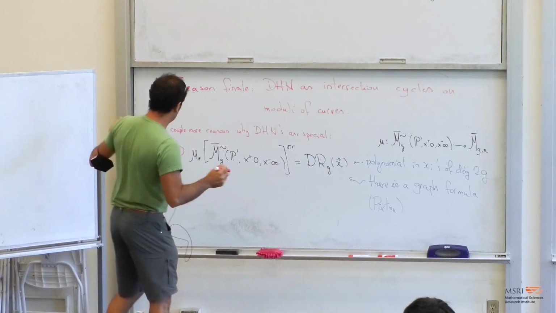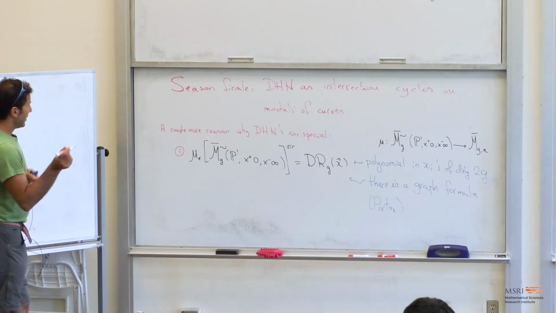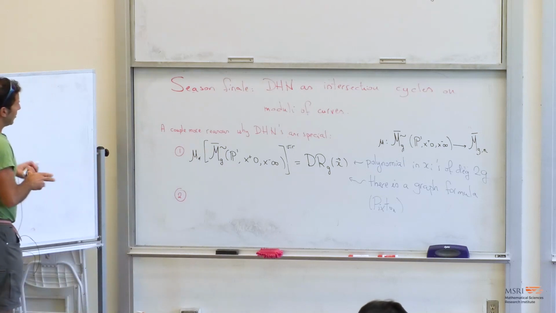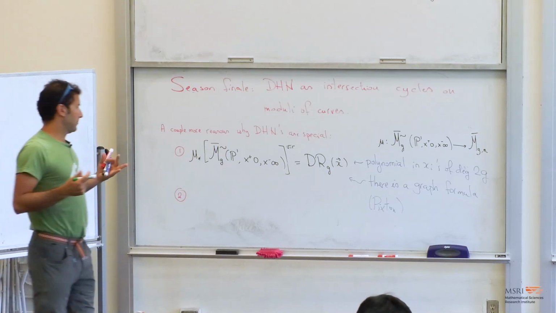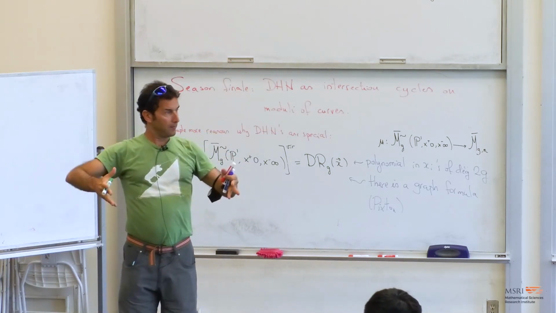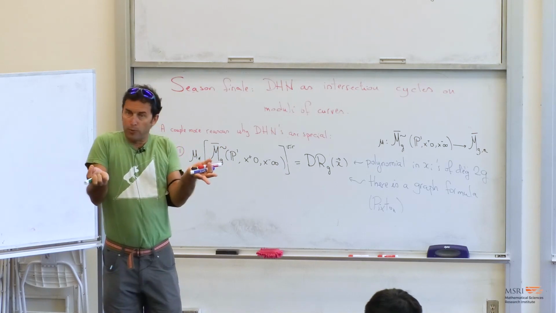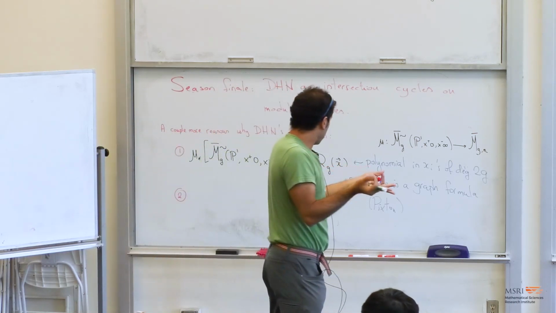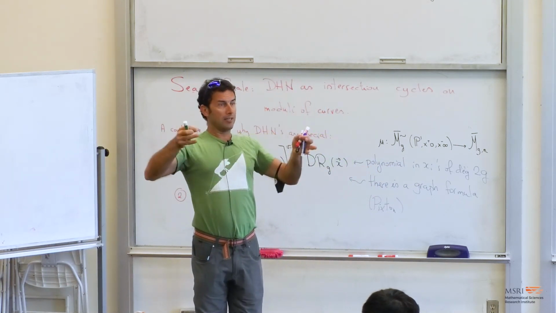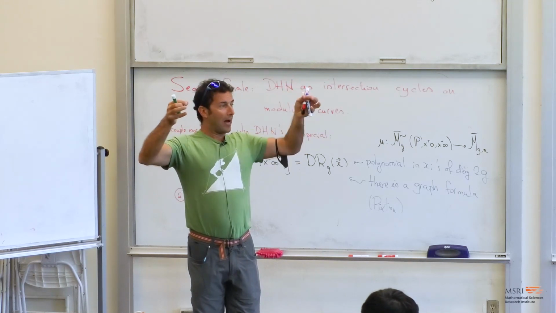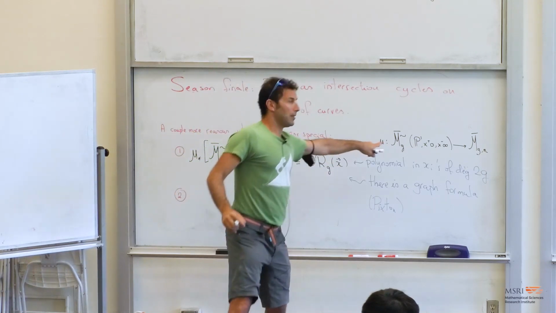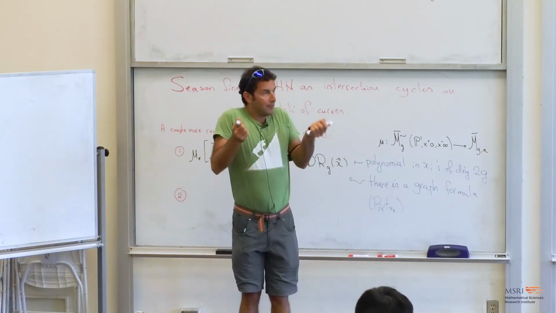The second reason, so this is one reason why double Hurwitz numbers are special. The second reason why double Hurwitz numbers are special is that another way to think about maps to P1, the picture that I drew, where you specify the ramification profile over 0 and infinity, is thinking about curves of genus g with marked points, such that the divisor you obtain by taking the linear combination of the marked points with the weights being xi, this divisor is principal.